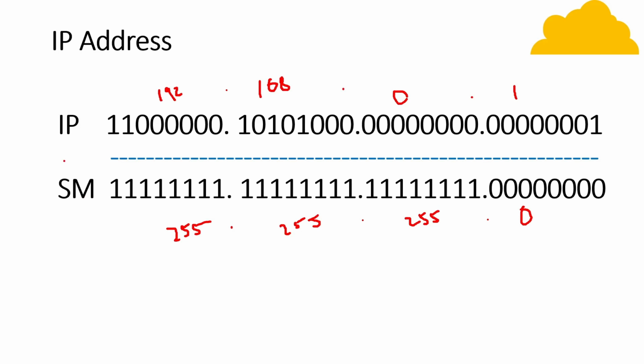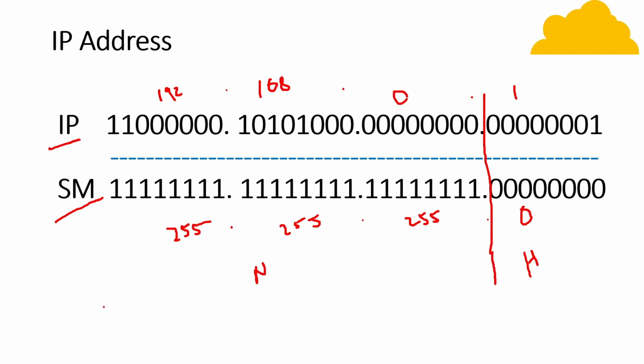So in class C IP address, we have this IP address and we have this subnet mask. This part is deciding on the network part and this part will be deciding on the host part.